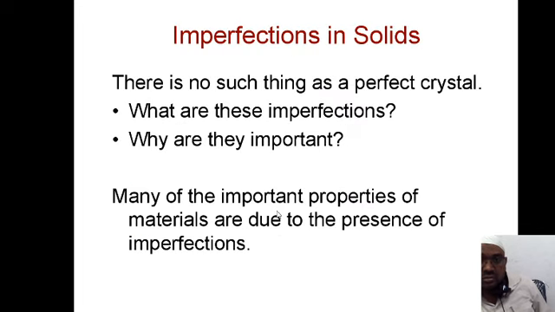So there is no such thing as a perfect crystal. So what are these imperfections, and why are they very important? Many of the important properties of these materials are due to the presence of imperfections. In the previous slide we had impurity; we said impurity, but now that is called dopant. So by adding the dopant, we can definitely improve the properties.